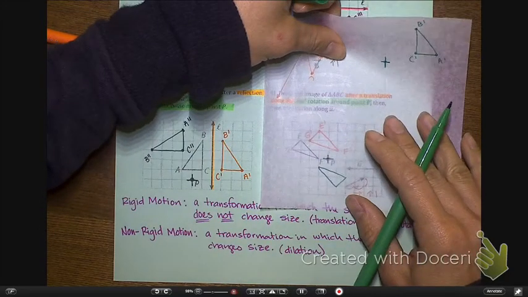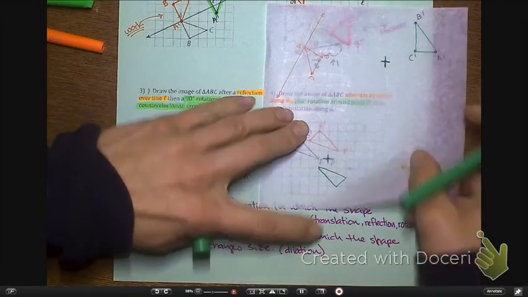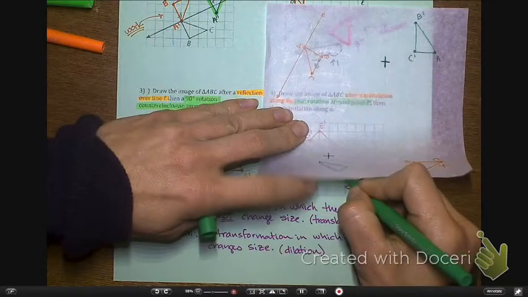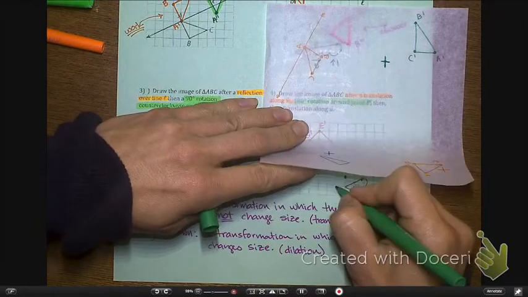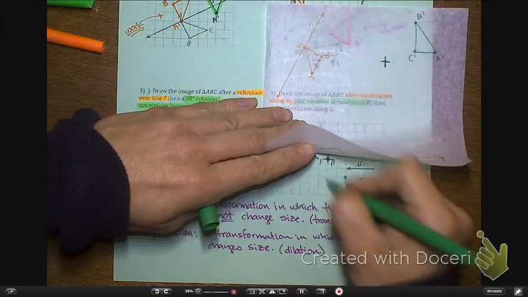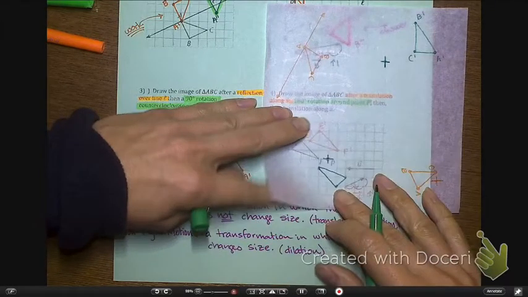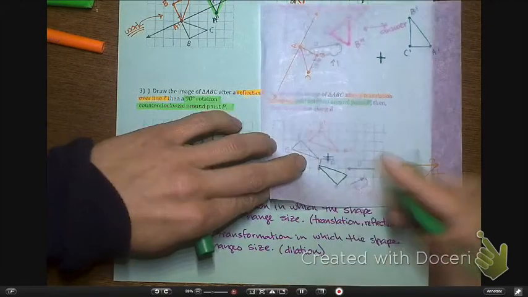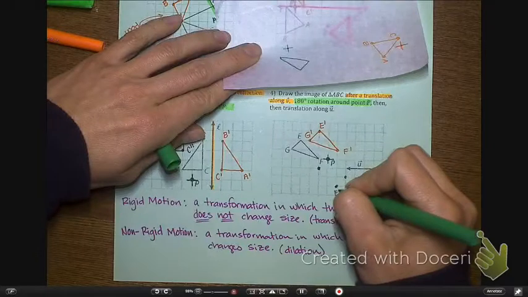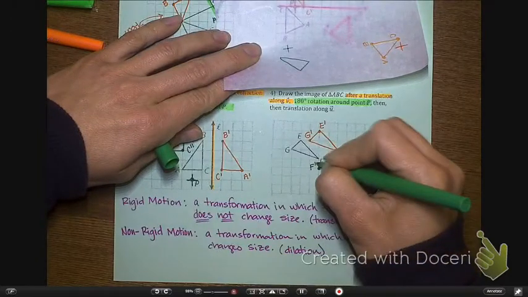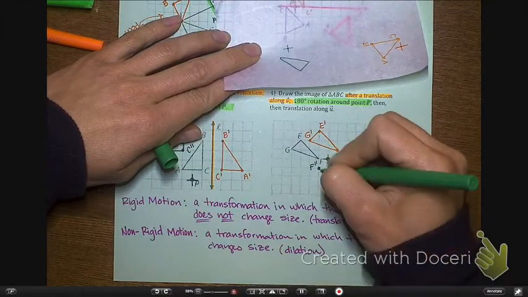Make sure your grid lines are lined up. These are double primes, right?